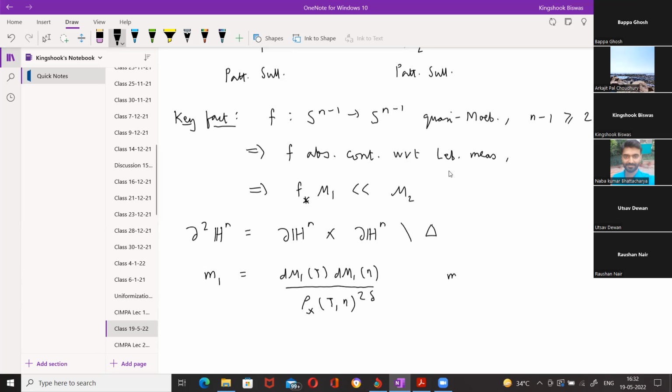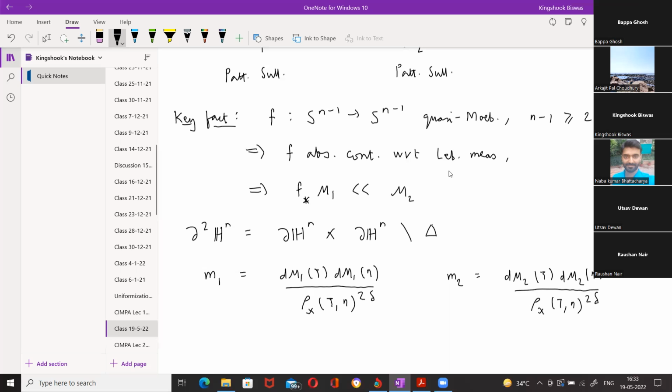And M2 is d mu 2 xi d mu 2 eta divided by rho x of xi eta to the 2 delta. Okay.